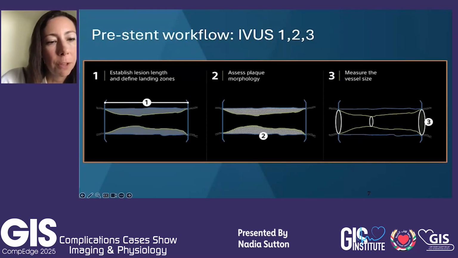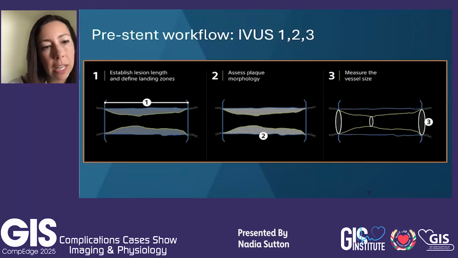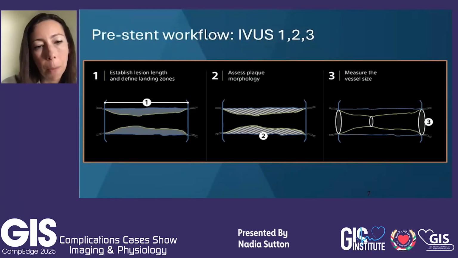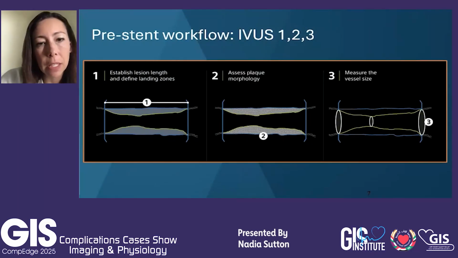So the first step in IVUS is just defining the lesion length and defining landing zones. Ultimately, I do think that this is a step where we are really still using our human tools, our thought process, and determining where we want our stent landing zones to be, and identifying zones where there's not very much plaque burden, ideally less than 40% by IVUS.